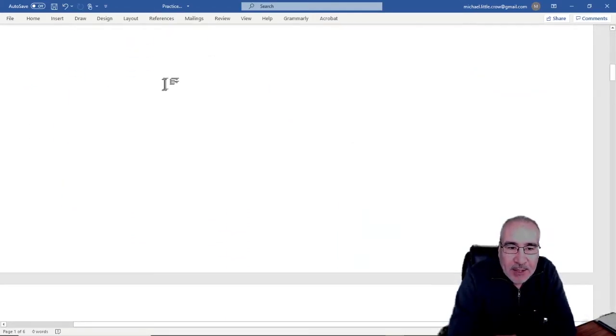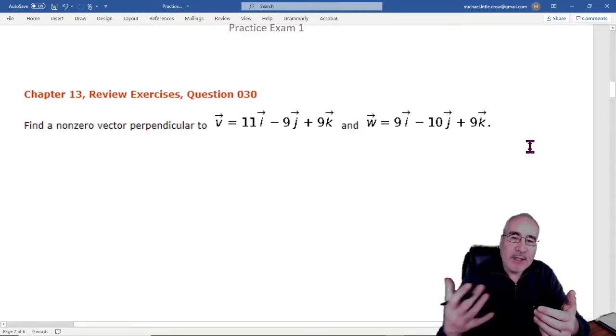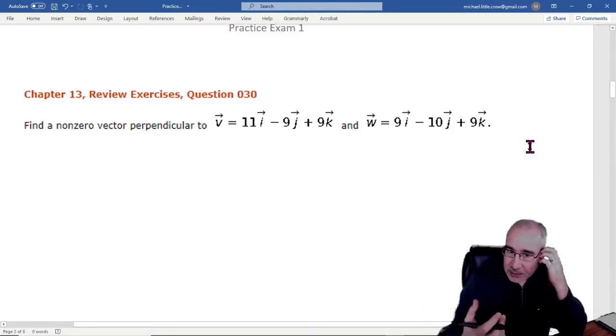Okay, so now we move on to this. Find a non-zero vector perpendicular to these. Now, if we took the dot product, remember, that gives us a scalar, so that's not going to work.